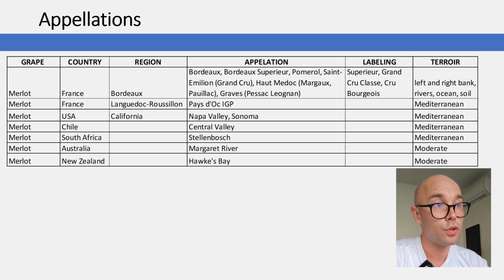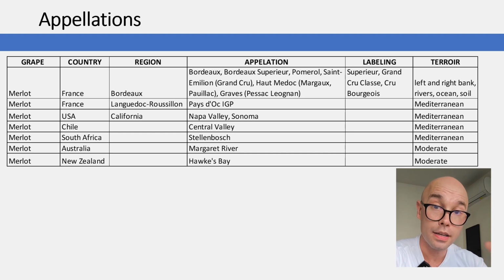The labeling terms that you need to know: Supérieur, like I said, indicates a slightly higher quality than just basic Bordeaux. Grand Cru Classé is a labeling term that indicates wines that are made under the 1855 classification. You don't need to remember that for your WSET Level 2 in Wines, but basically it's a labeling term that indicates a high quality wine.